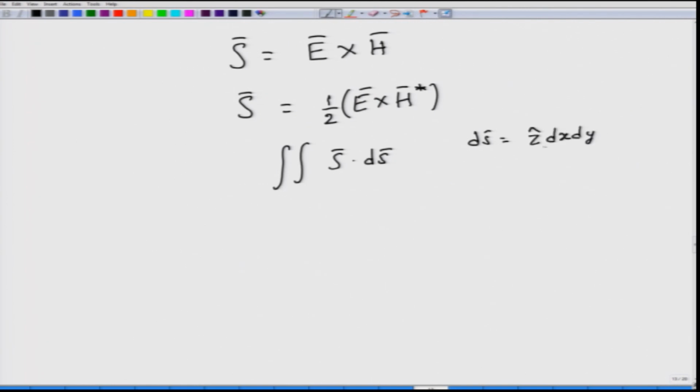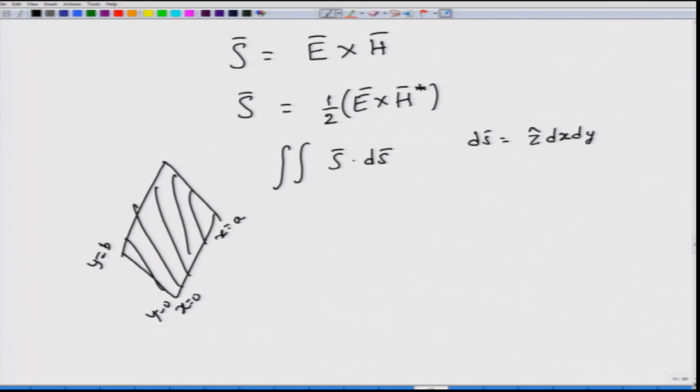I hope that you remember this surface integral concept, and whatever surface you consider, which has certain bounds, say x equal to 0 to x equal to a, y equal to 0 to y equal to b, over this surface if you know the Poynting vector S, then you can integrate over that limit and obtain the time average power that is being carried by this particular wave. So, this is the time average power.